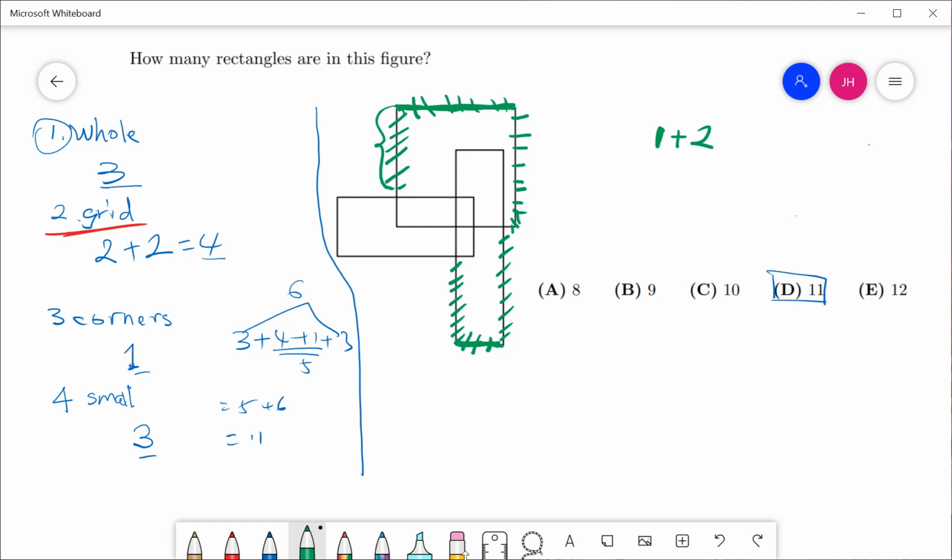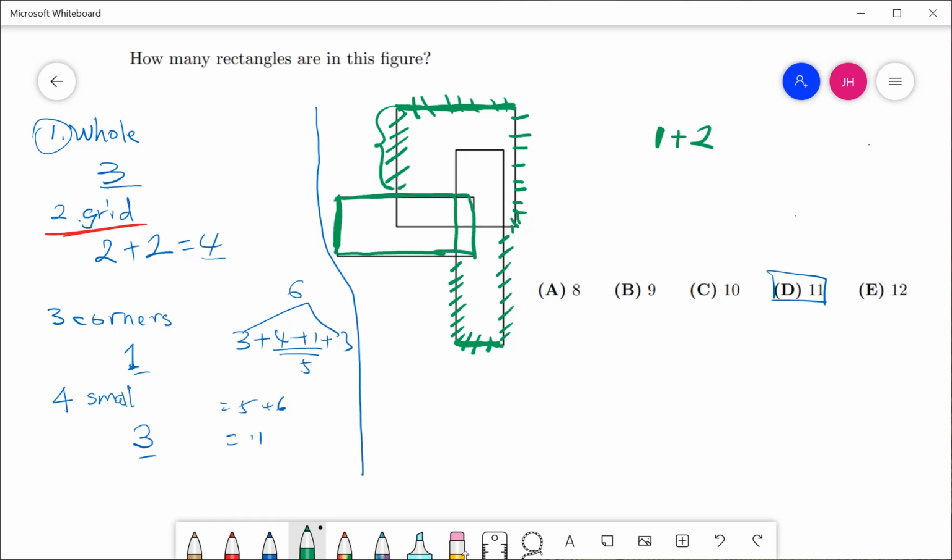Now let's look at this line. Remember, when we use this technique, we always start from the outside or start from the easier line segments. So this line segment is easier, right? Then how many rectangles have this line segment as a side? We have that, and we have that.